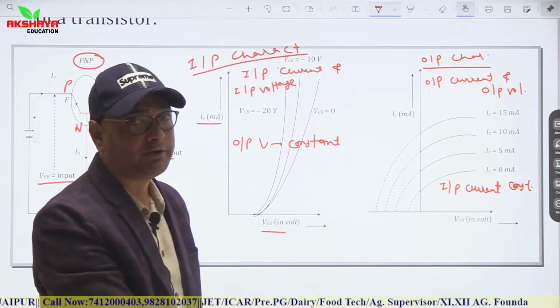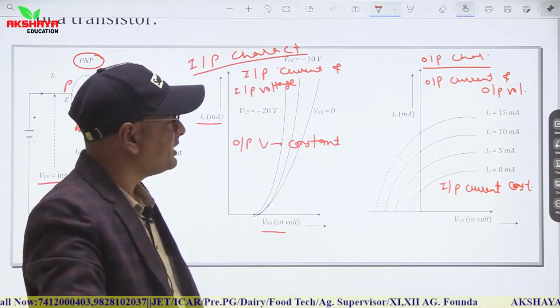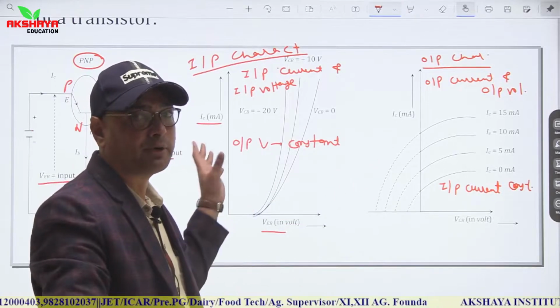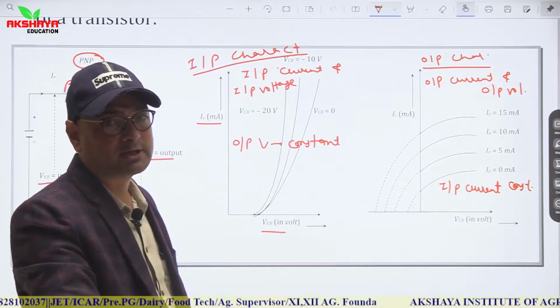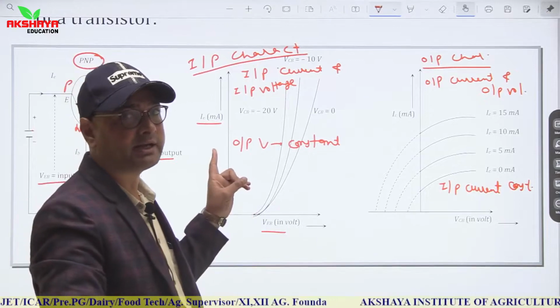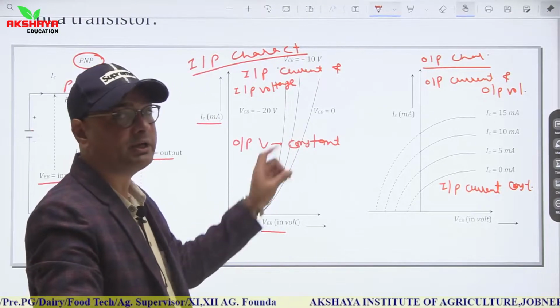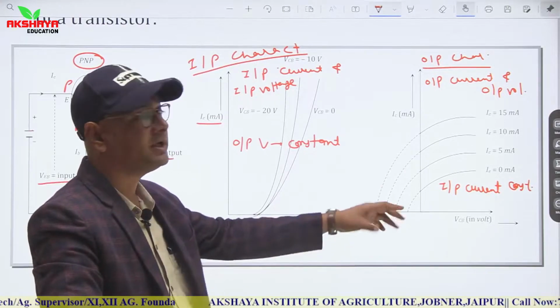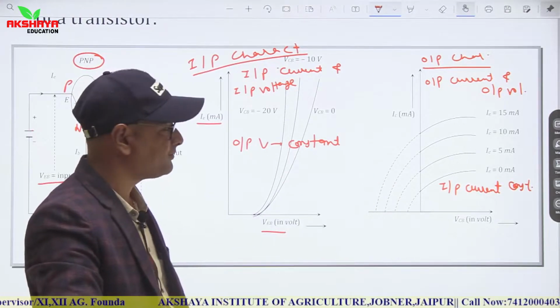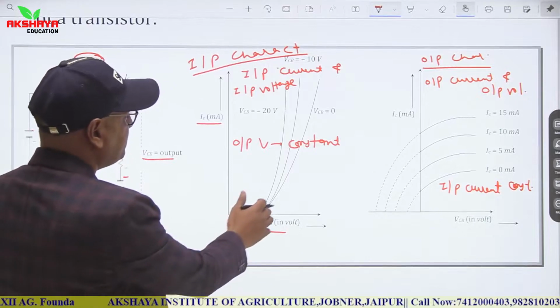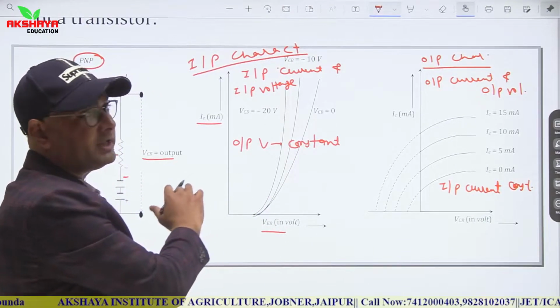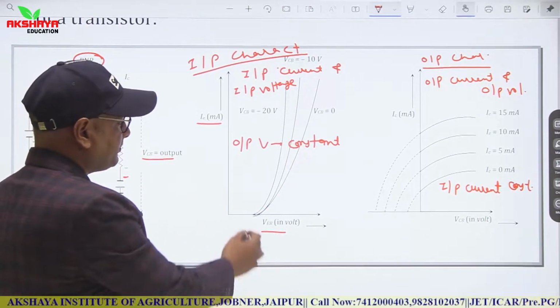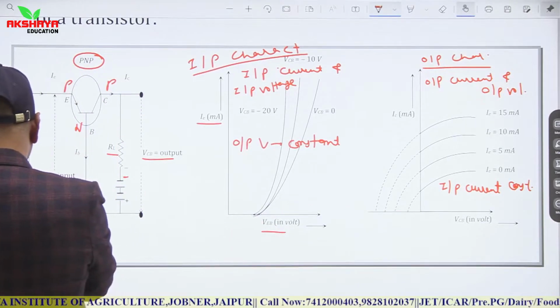In all the configurations of a transistor, this is the simple concept of plotting input and output characteristics. So keep in mind, when input characteristics are plotted, then output voltage is constant, and when output characteristics are plotted, then input current is constant. So this is the simple phenomenon of plotting input and output characteristics. So here we can see their graphs.